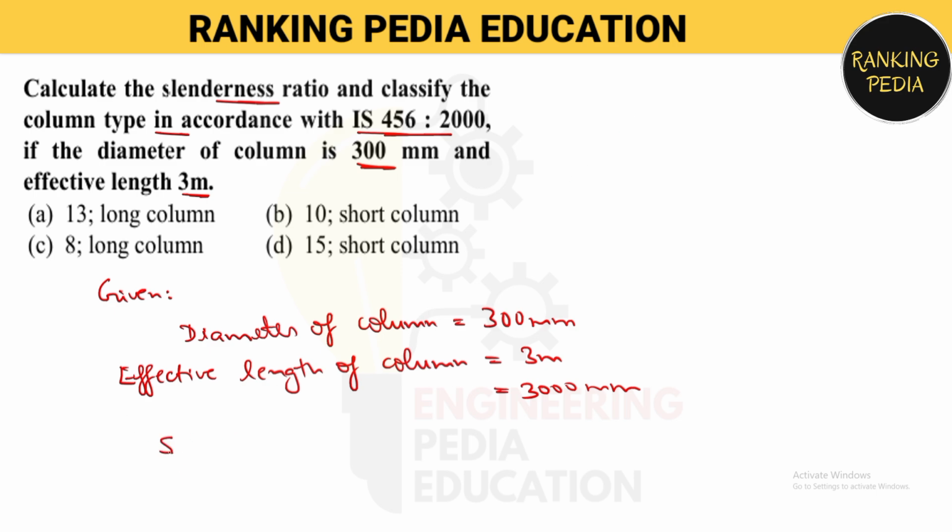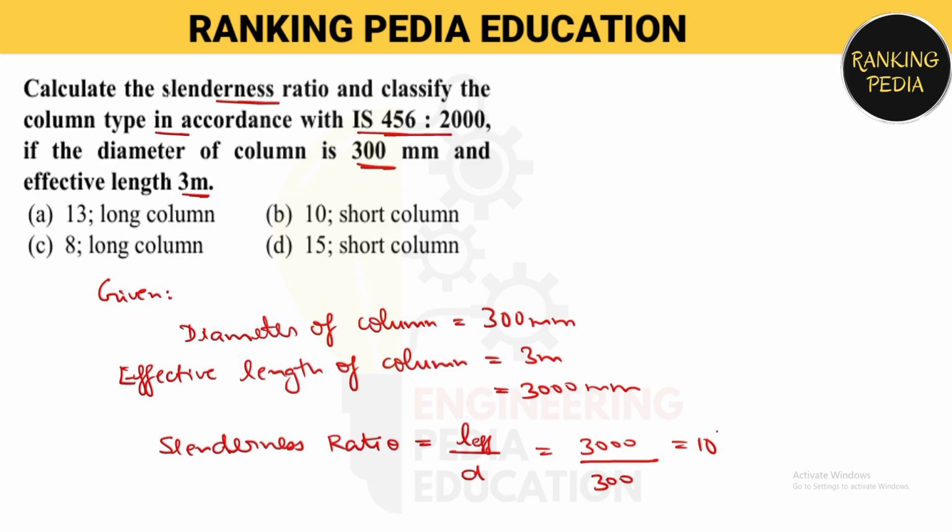So slenderness ratio is equal to L by D, where effective length of column is 3000 millimeter and diameter of column is 300 millimeter. So it will be 10.